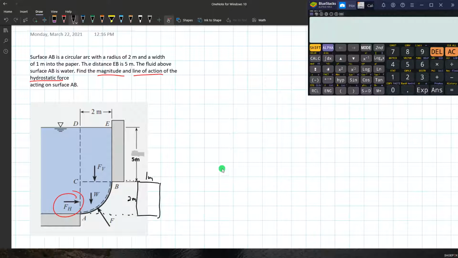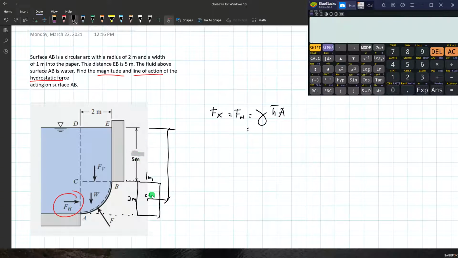Okay, so for the horizontal, F_H equals F_x, it's the same: gamma times h-bar times A. So h-bar is measured from the center of gravity of that flat surface to the water surface.